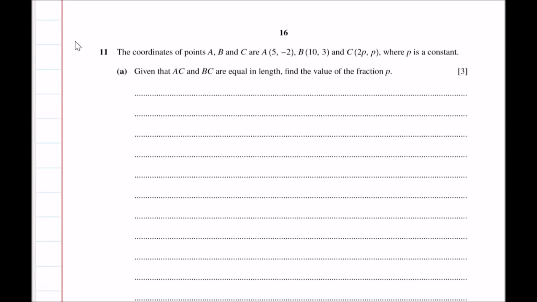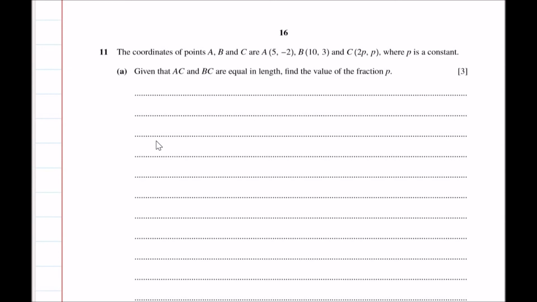Now, the last question. The coordinates of points A, B and C are (5, -2), (10, 3) and C is (2p, p), where p is a constant. Given that AC and BC are equal in length, find the value of the fraction p. So this indicates that the value of p we are going to get in fraction form.